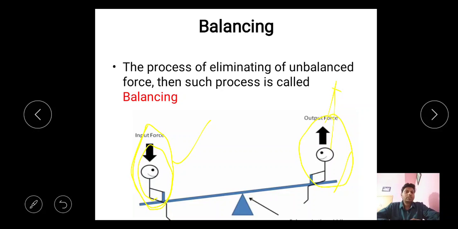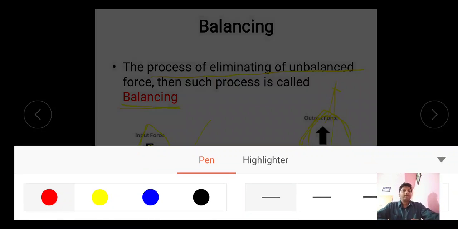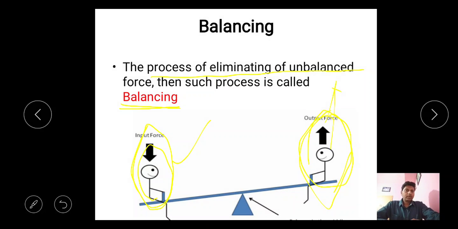The process of eliminating unbalanced force: here the mass is very less, so you add some mass, thereby balancing both. Such a process is called balancing.